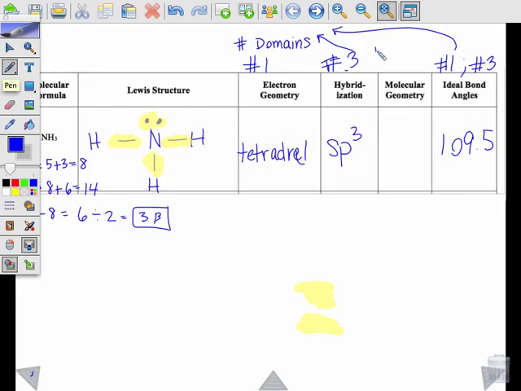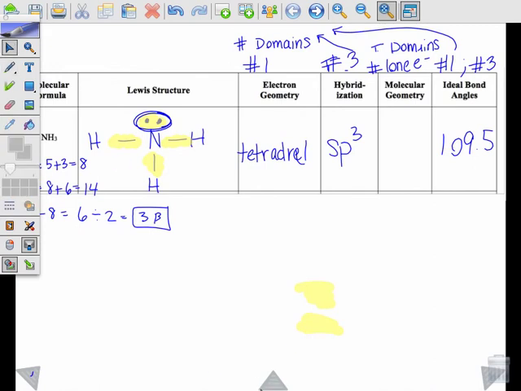It involves the number of domains, and it also involves the number of lone electron pairs. So we just said, if you have no lone electron pairs, then the electron geometry and molecular geometry should be the same. But if we look in this particular one right here, those lone electron pairs push the bonds away.